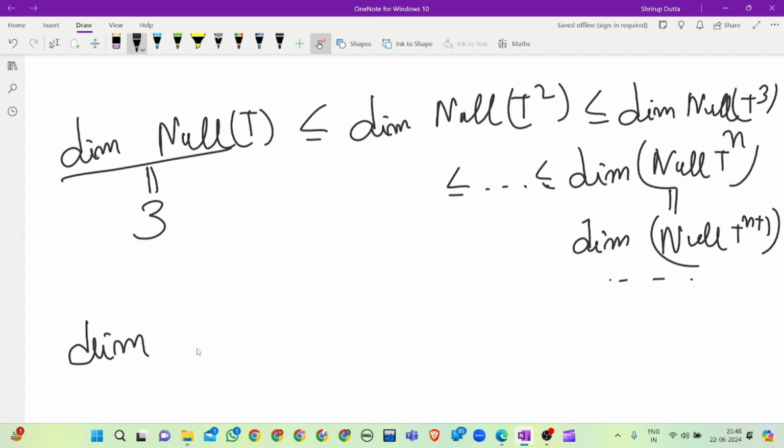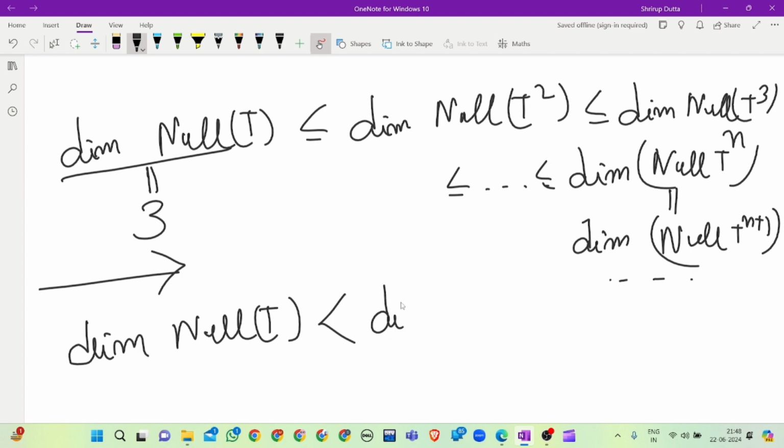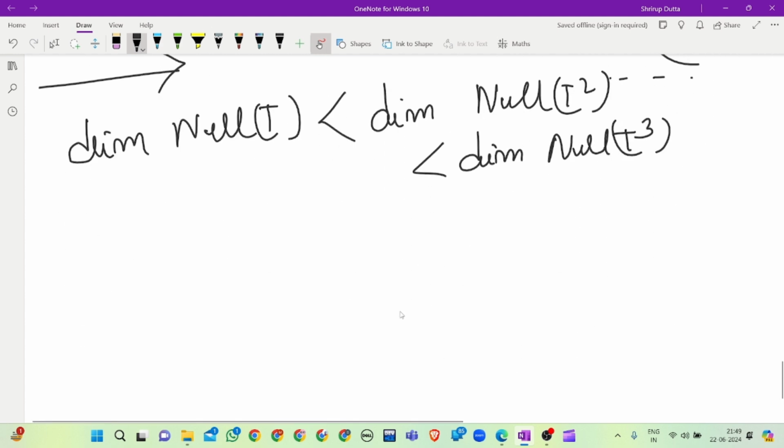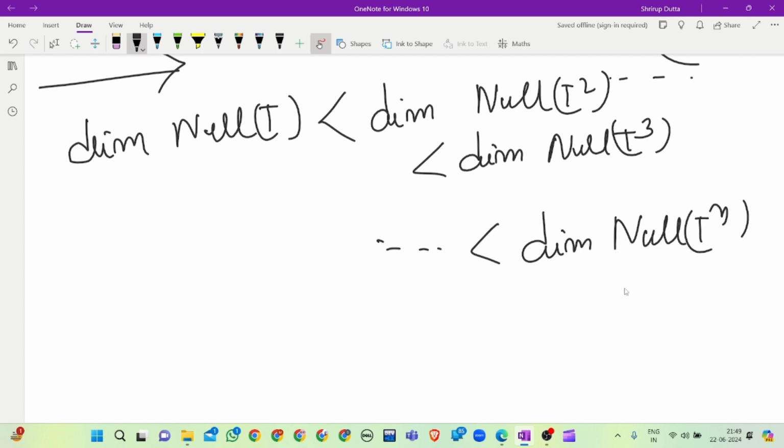So what I am trying to say is dimension of null of T must be strictly less than dimension of null of T square, strictly less than dimension of null of T cube, and this strict inequality goes up to dimension of null of T to the power n, and we have equality after this.